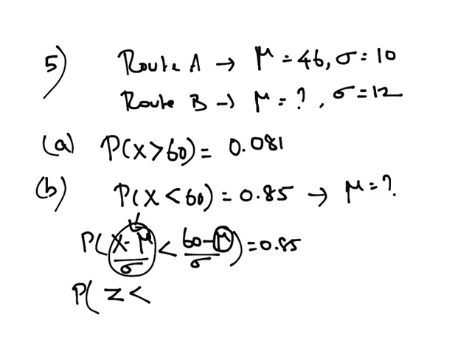We know that mu is 46. So 60 minus 4, I'm sorry. I made a mistake here. Mu, we don't know mu, right? I'm talking about route B. I was looking at route A. So (60 minus mu) by, now the sigma is 12, isn't it, for route B, equal to 0.85.